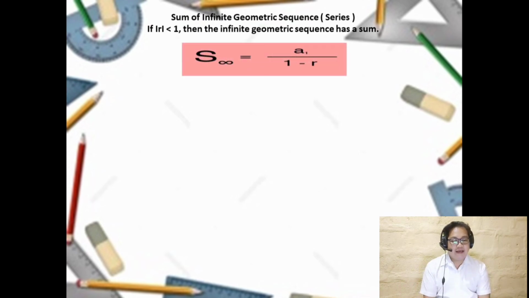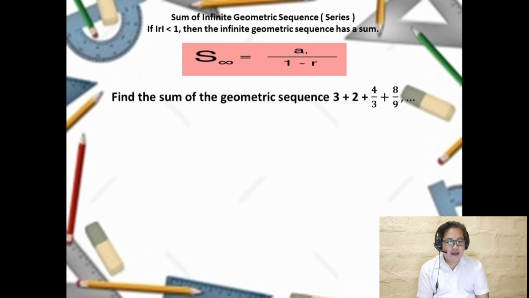So, we have S equals a sub 1 over 1 minus r. So, dito, ang kailangan lang natin ay yung first term at saka yung common ratio, which is r, para magamit natin sa ating formula. Then, find the sum of the geometric sequence 3 plus 2 plus 4 over 3 plus 8 over 9 and so on and so forth.